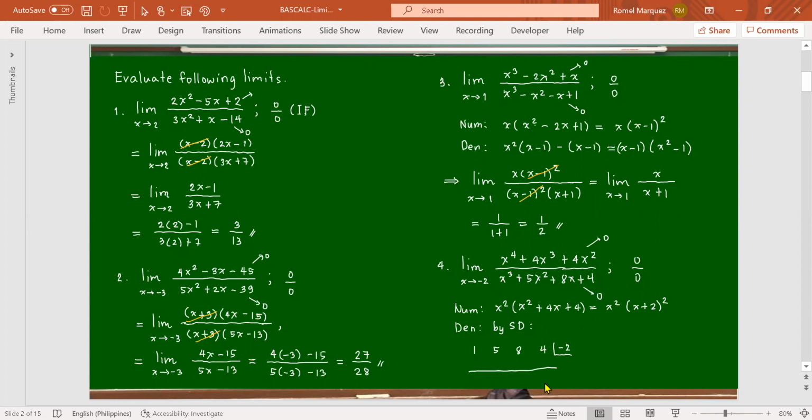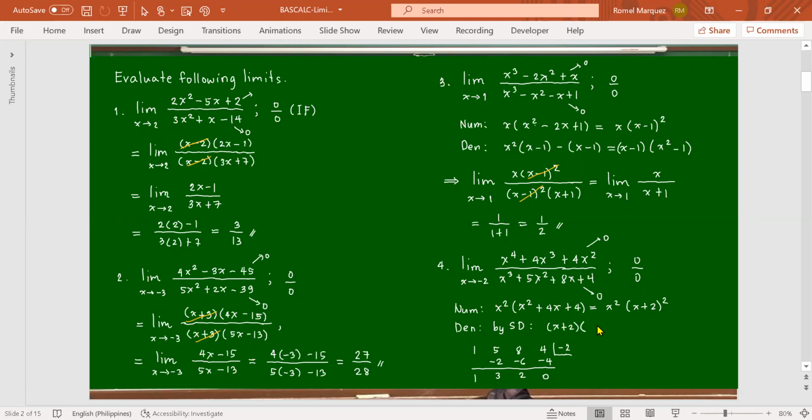So let's now have, ganito yung synthetic, right? Bring down, multiply by negative 2, add, multiply by negative 2, add, then multiply by negative 2. So it is 0 here. So therefore, one of the factors ay what? Of course, ang isa x plus 2.